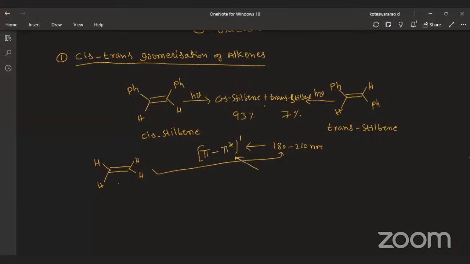If it is a conjugated olefin, the starting radiation is 220 nanometers.